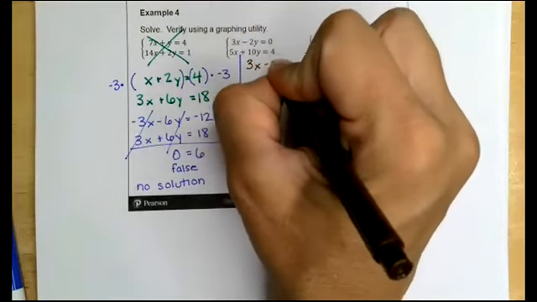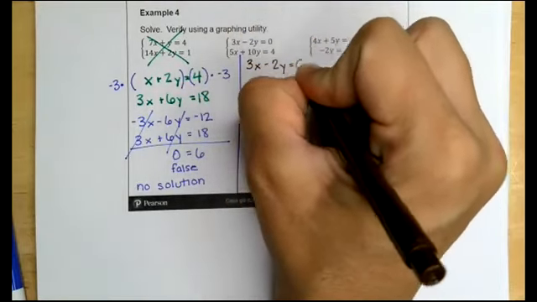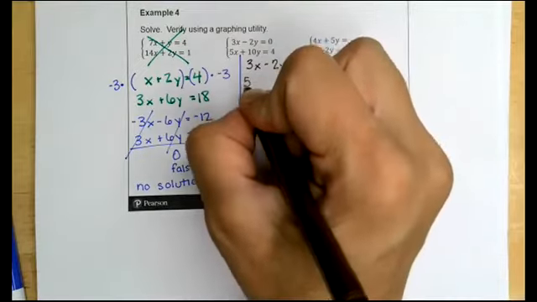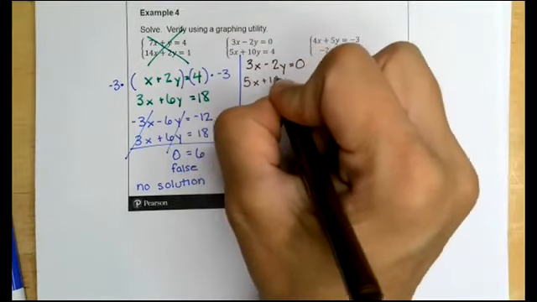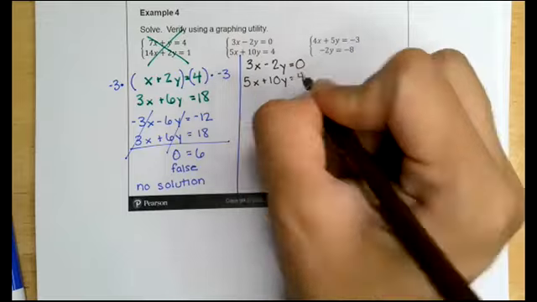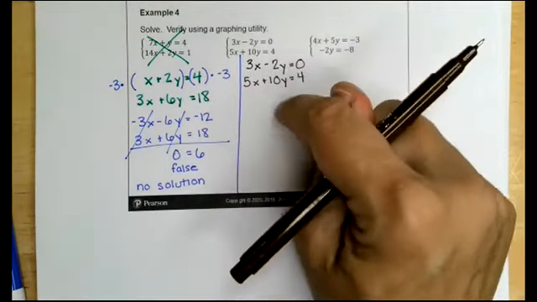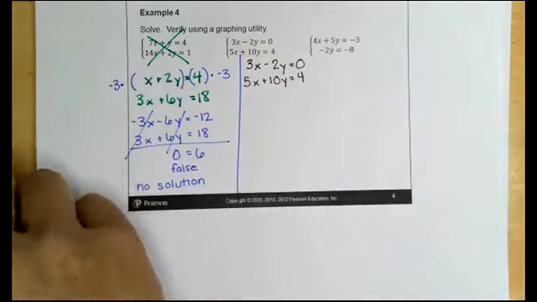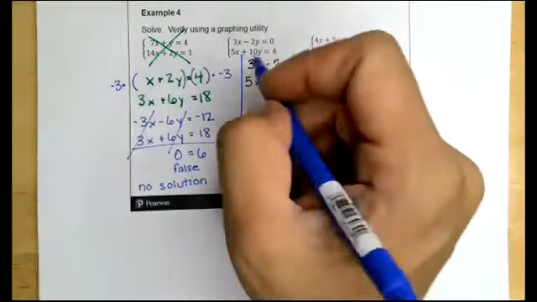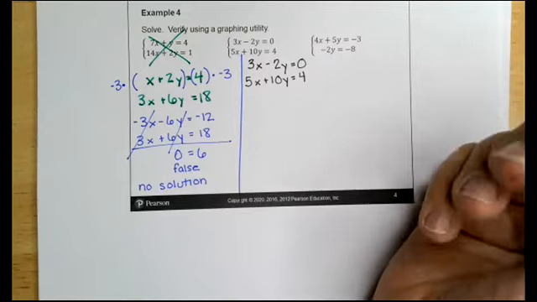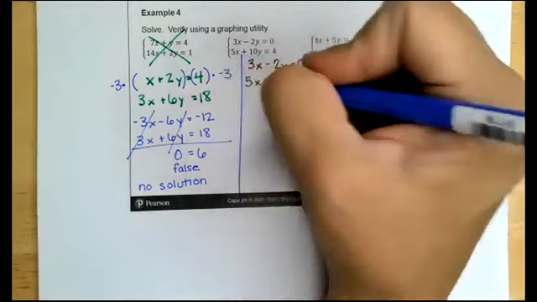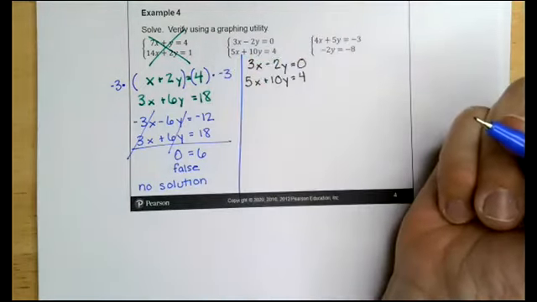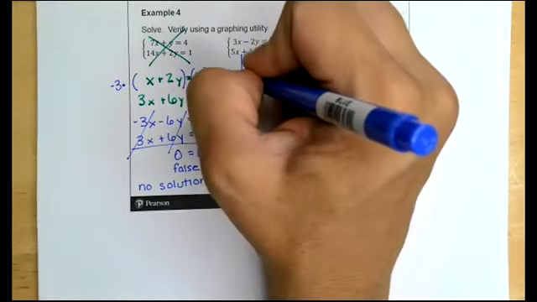3x minus 2y is 0. 5x plus 10y is 4. All right, so I could just multiply this one by 5, but I'll do the 3 and the 5. The 3 and the 5, the first number they would have in common is 15.